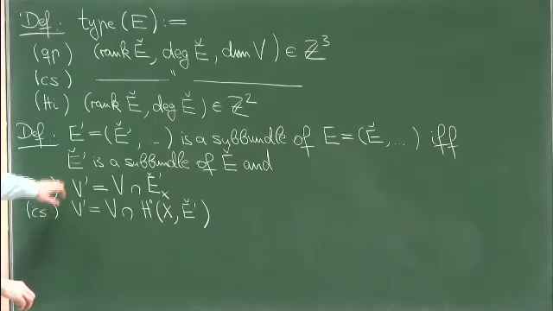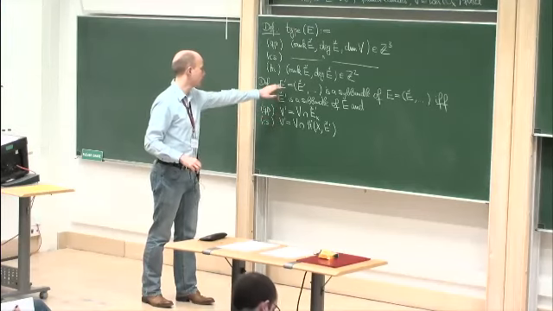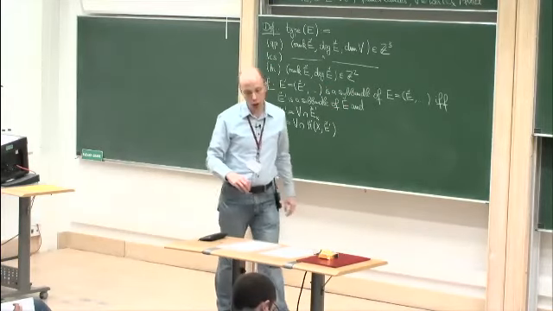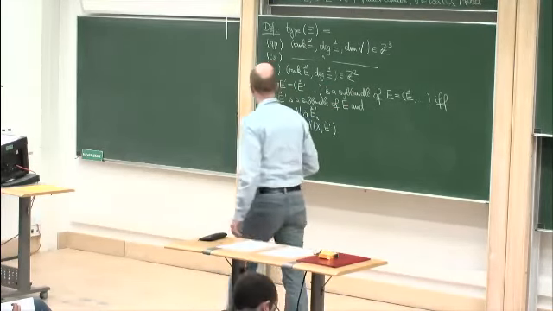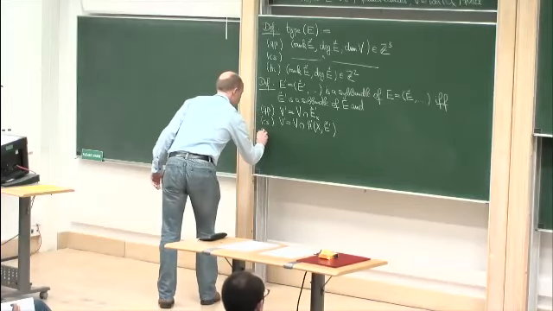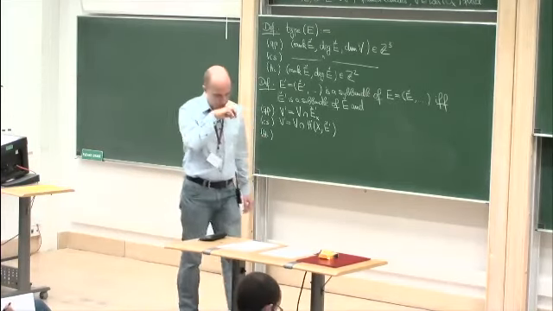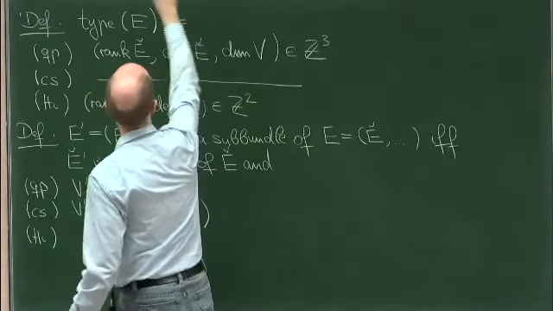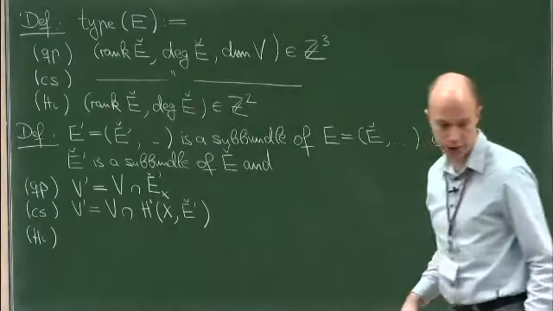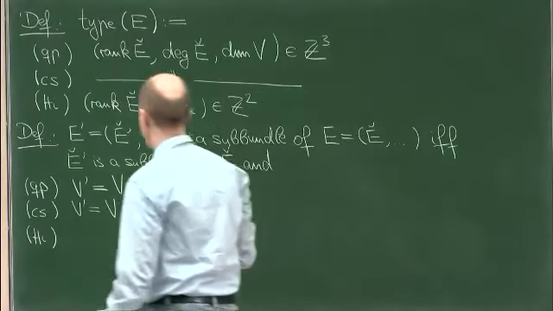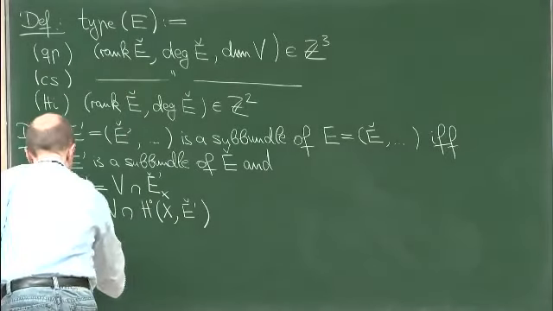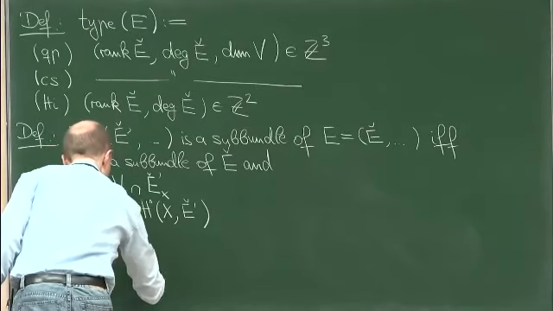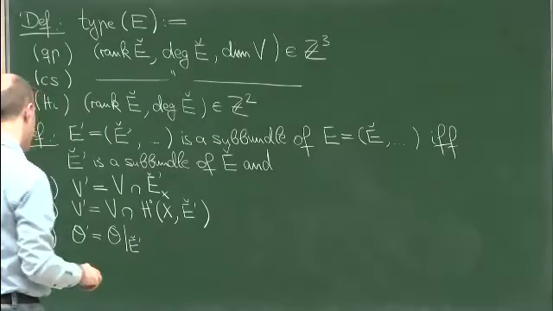And so if the augmentation of E prime check is precisely this one, then E prime is an augmented subbundle, a subcoherent system of E. And for Higgs bundles, the condition is just that the Higgs field, this morphism theta, of the smaller Higgs bundle is the restriction of the Higgs field of the bigger Higgs bundle.